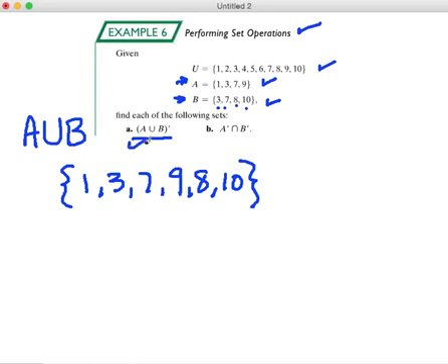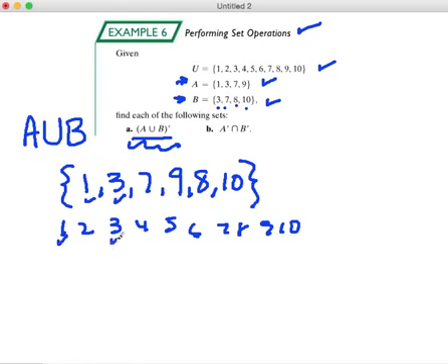But if you look back over here, it's the complement of A union B. What does that mean? It means everything that's in U but not in A union B. So remember, U is 1, 2, 3, 4, 5, 6, 7, 8, 9, 10. Do we have a 1? Yes. We have a 3? Yes. All right, so here are all the elements in U. We have a 1, a 3, a 7, a 9, an 8, a 10.